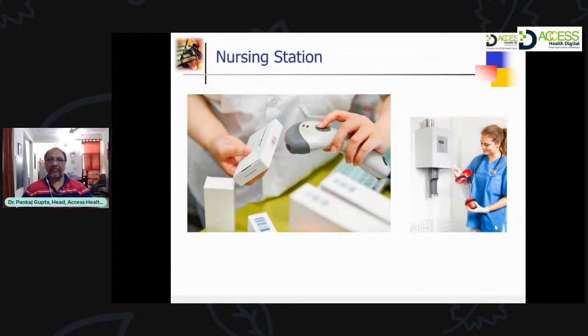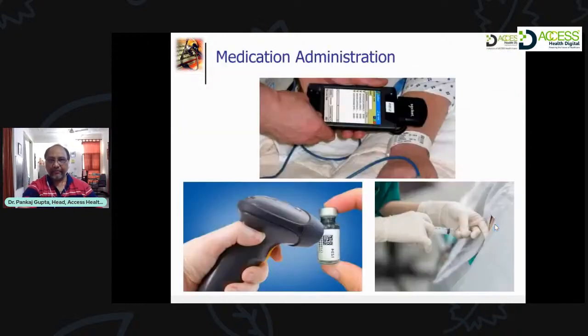So basically the nurse is confirming that I have received the medicine which was ordered. It is the same medicine that was ordered, and it is the same medicine that was dispensed. So it's a confirmation.